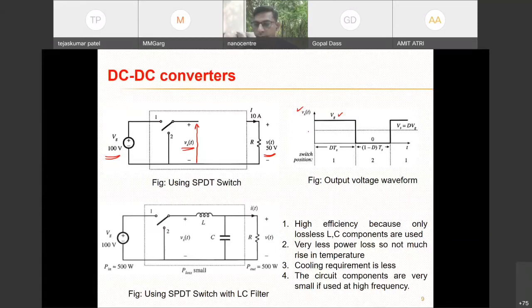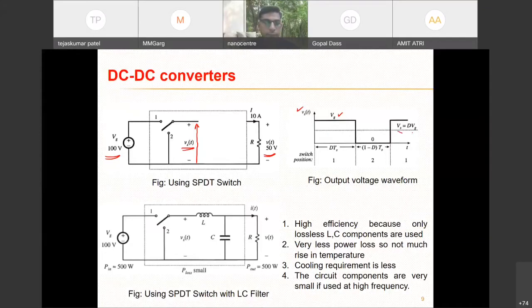So this is the input voltage, 100 volt, and this is the load where we want 50 volt. Let's say we arrange a switch in this way, right? When the switch is at one position, let's say I'm drawing this waveform VST. When the switch is at position 1, the voltage across this will be 100 volt only, and when the switch is at position 2, then the voltage here will be 0, right?